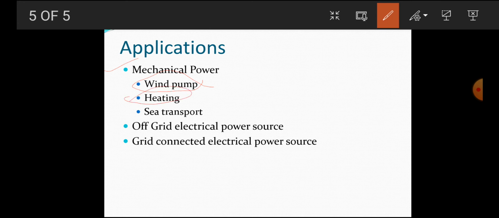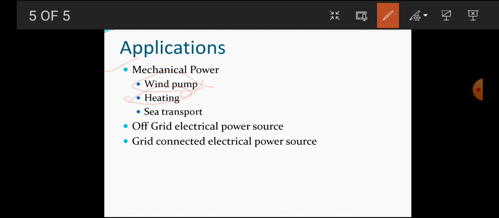A paddle wheel and other turbulent fluid systems are used for direct conversion of mechanical power into heat, and the available hot water is employed for space heating. This paddle wheel experiment, which is very famous, of Joule, can be used for heating.